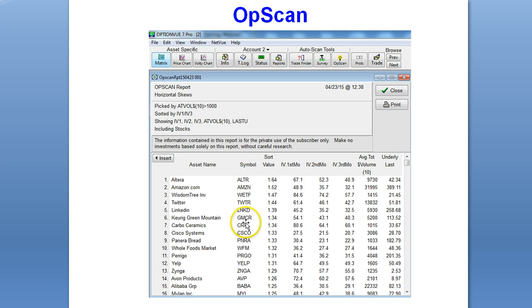And of course, it's earnings season as we did this, and that was certainly the case here. So OpScan is one way to acquire a list of stocks likely with earnings coming out. And of course, you could throw these into the quotes display and then see what dates those have earnings coming out and analyze it accordingly.